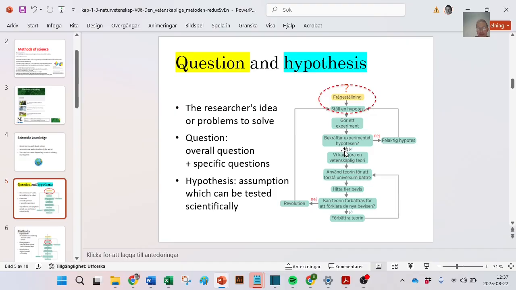If the hypothesis is right, but doesn't fit the theory, there is a revolution or a change in the paradigm, a change in the worldview, as for example when the shape of the Earth had to be re-evaluated, and that will probably lead to more questions and more experiments until we have evolved a better theory.